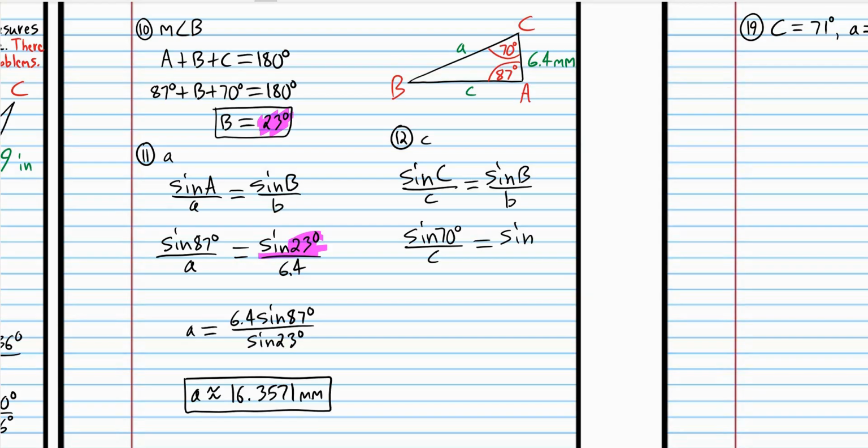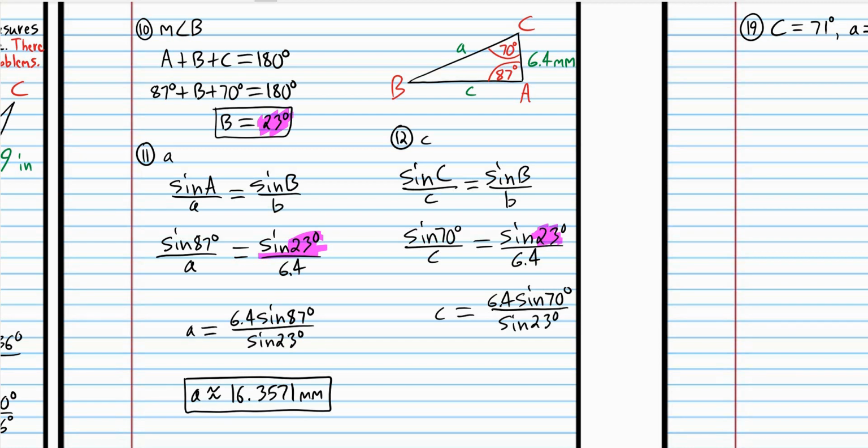The measure of angle B we found in the first step is 23 degrees. And the length of side B, we know, they gave us that, is 6.4 millimeters. So solving, doing the algebra in our head, we get the following expression. And we can go to the calculator.